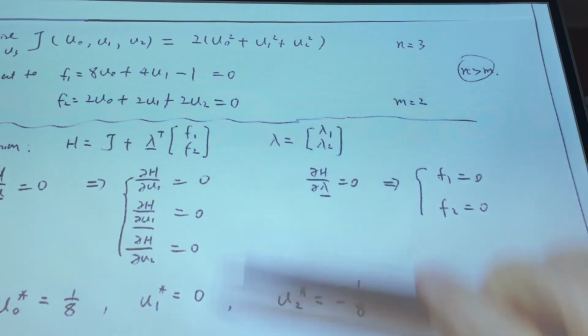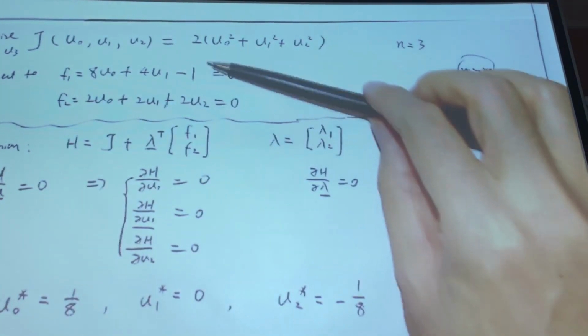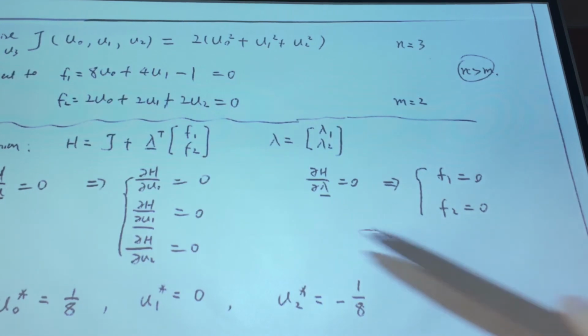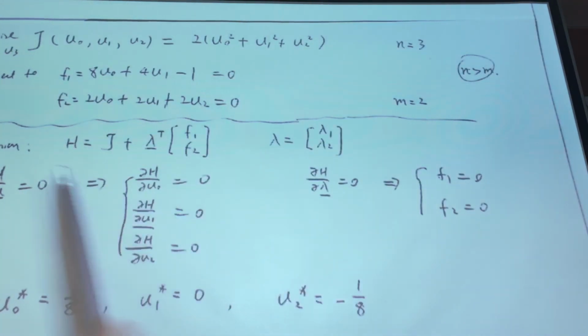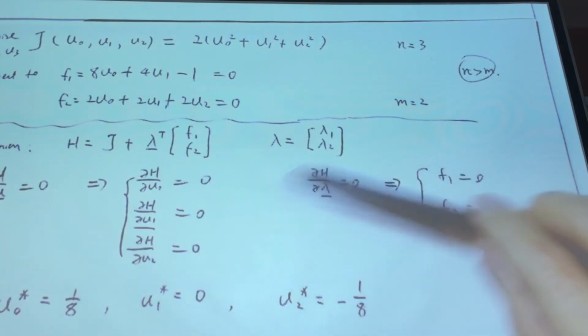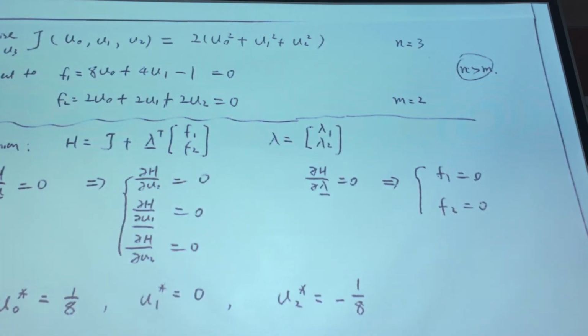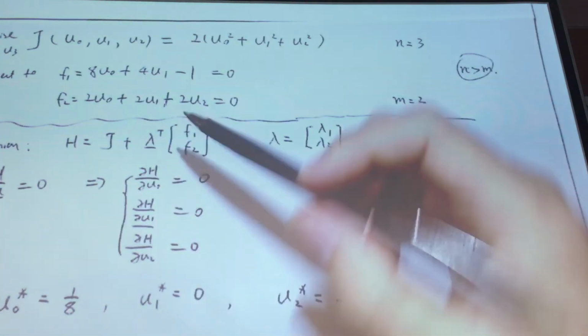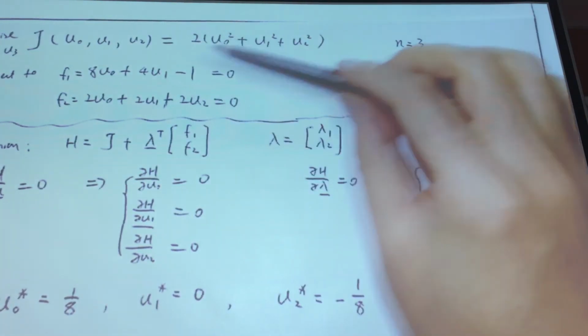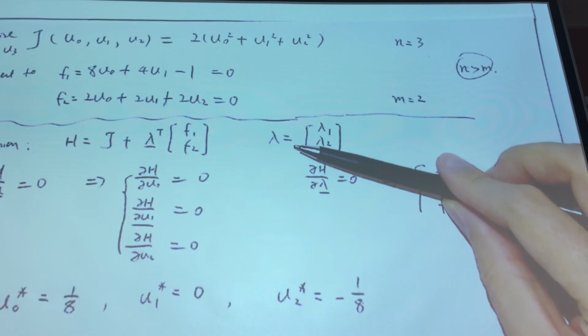So this is a standard method to solve this problem. Once you construct the Hamiltonian, you get these 5 equations, and you may solve these 5 unknowns. But in this problem, we may solve the optimization problem another way.